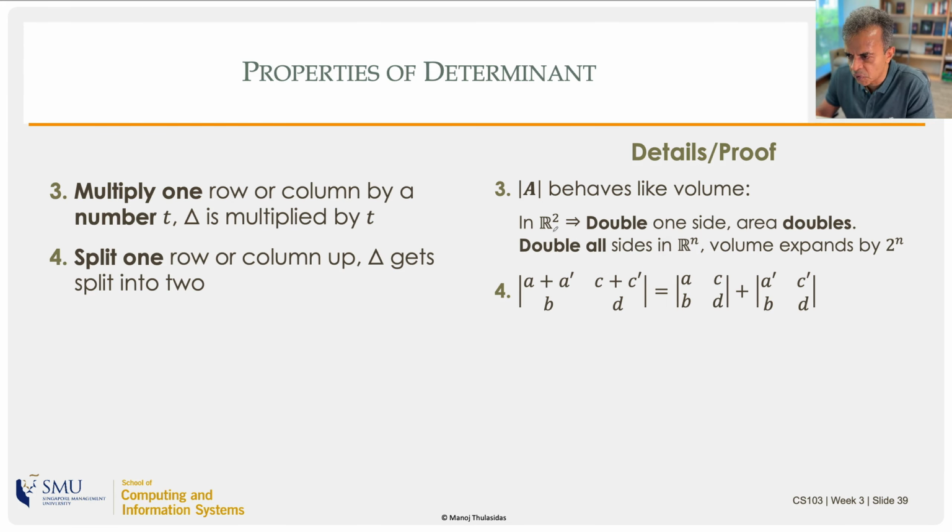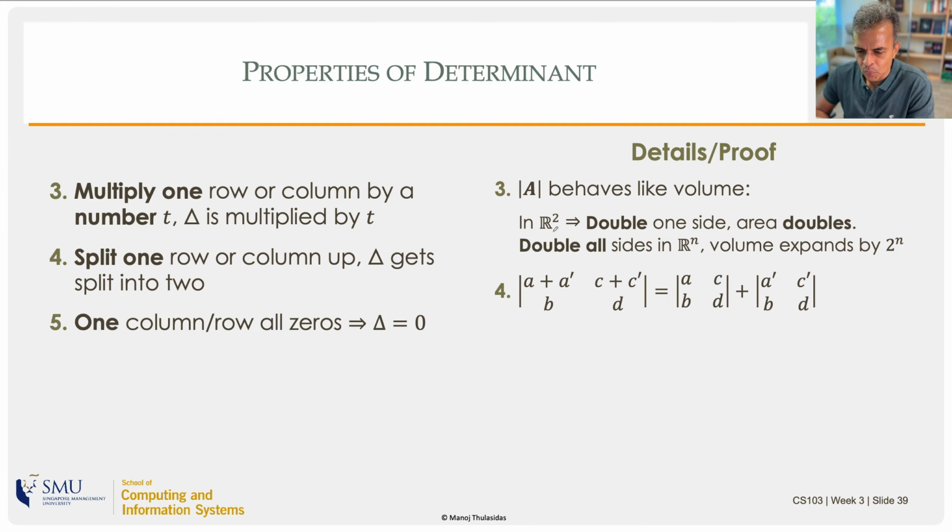Properties 3 and 4 sound vaguely similar to the conditions of linearity from the first chapter. It's not an accident. Determinants are actually what they call multilinear functions. It is linear in each row or each column, and that's why you can see additivity being respected per row or per column, and homogeneity, multiplication, also being respected on a per column or per row basis.